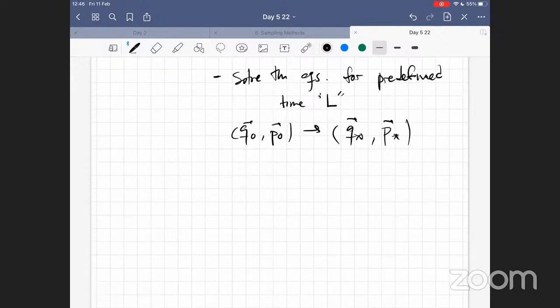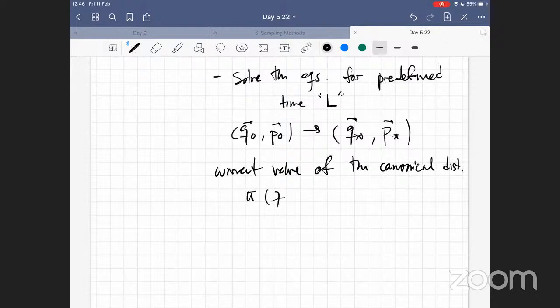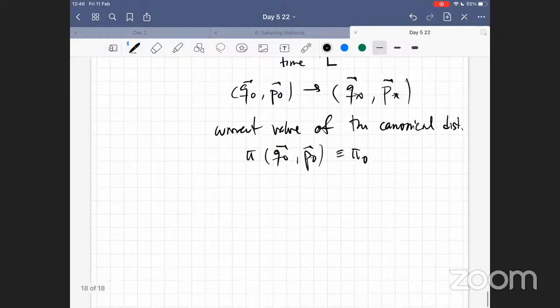So if I start with Q0 and P0, the current value of the canonical distribution is Q0, P0. Let me just call this pi 0.